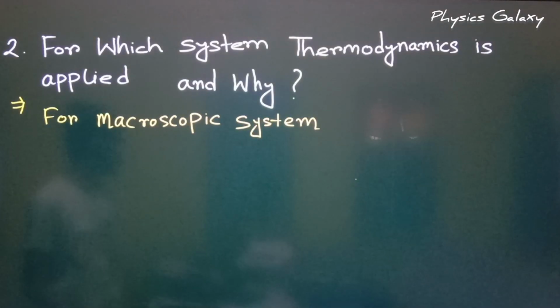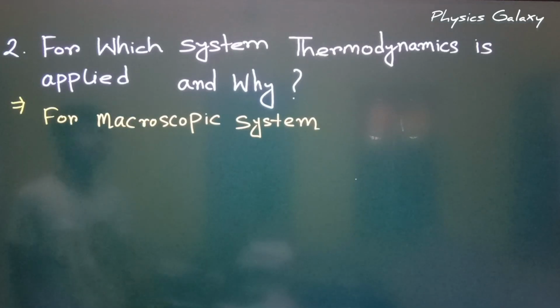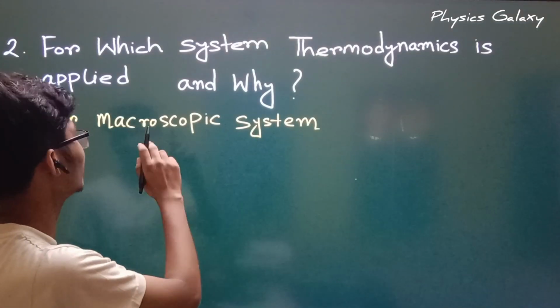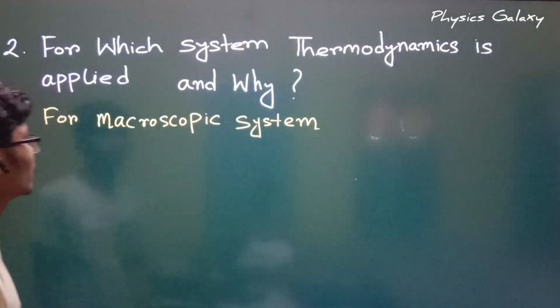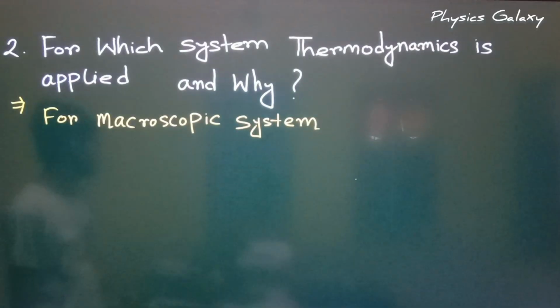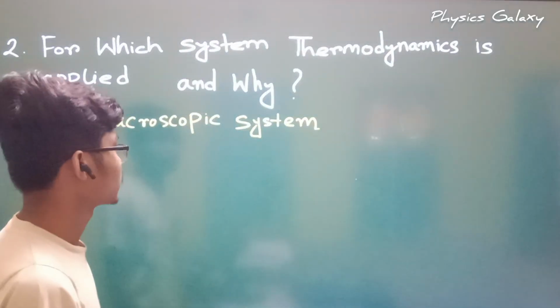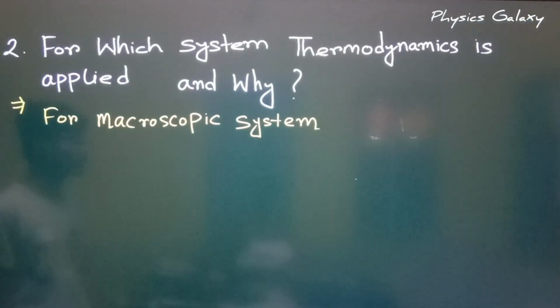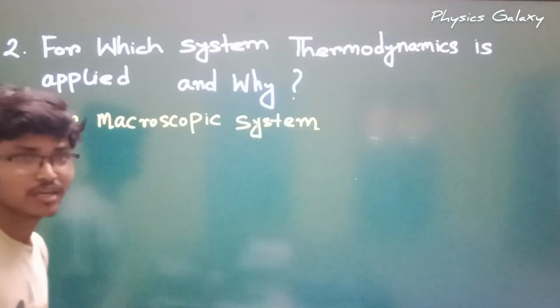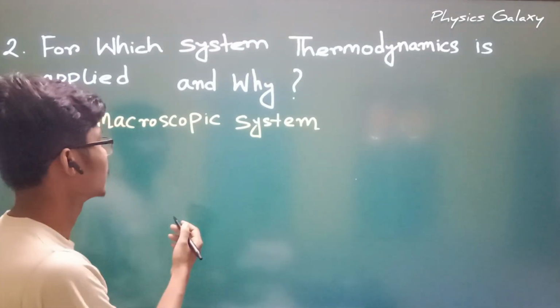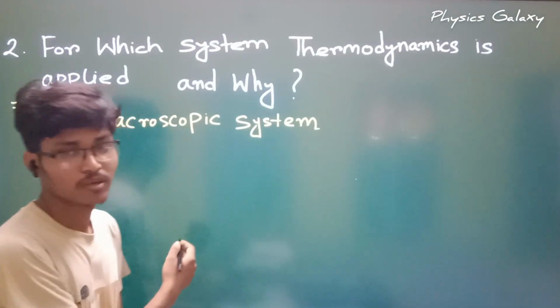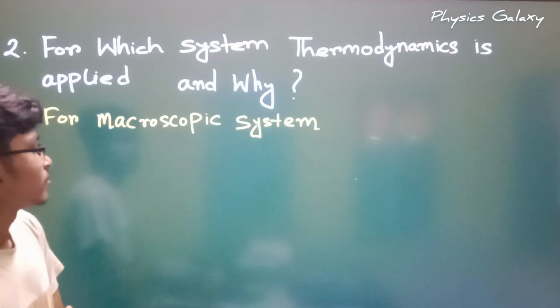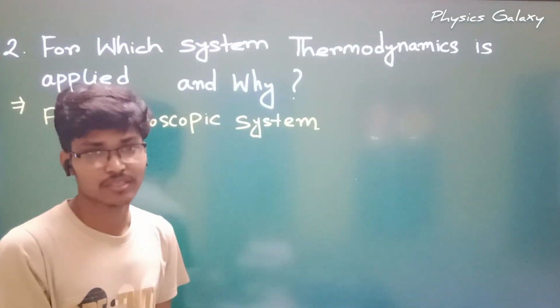Then one professor asked me for which system thermodynamics is applied and why. I said that thermodynamics is normally applied to macroscopic systems. In thermodynamics we deal with various parameters like pressure, temperature, volume and entropy, and how they interact.